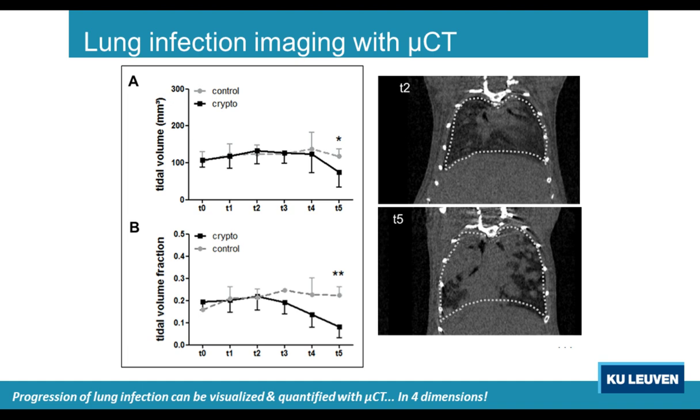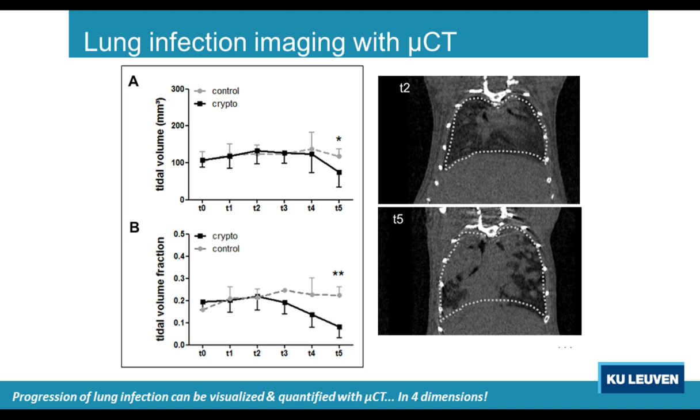The way we do this is retrospective gating. That means we end up with images at the end of expiration and also at the end of inspiration. If you quantify these sets of images and subtract them, you can also extract the tidal volume, which is a more functional marker.